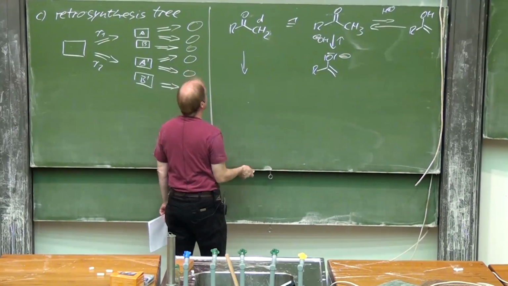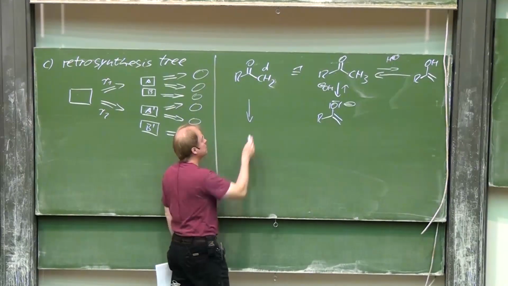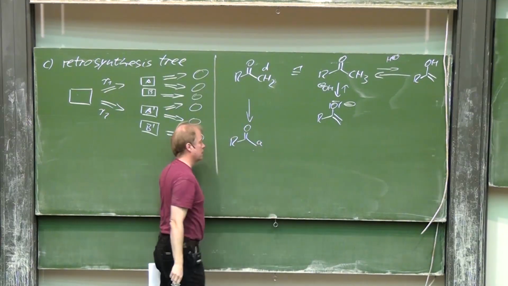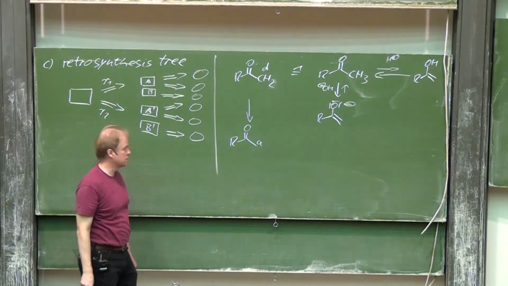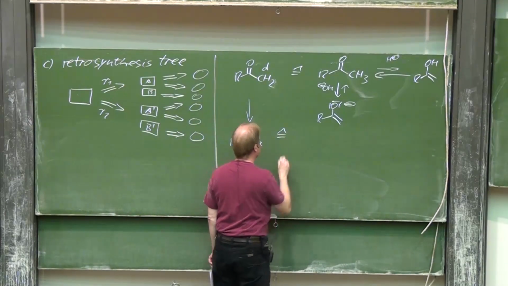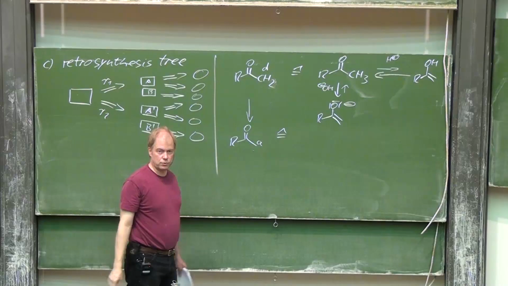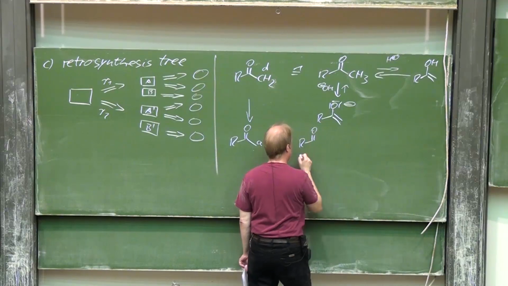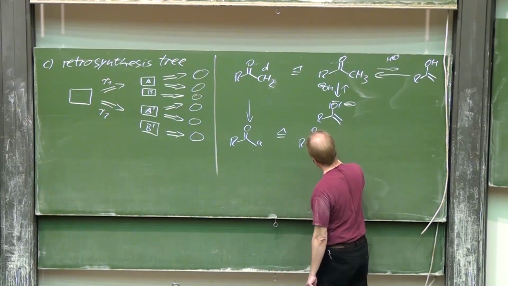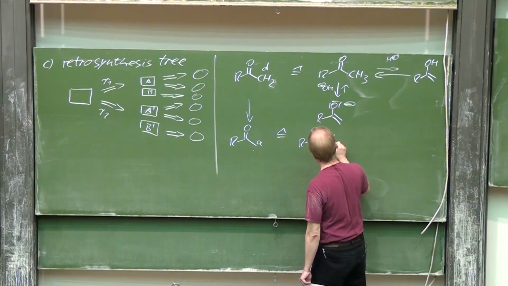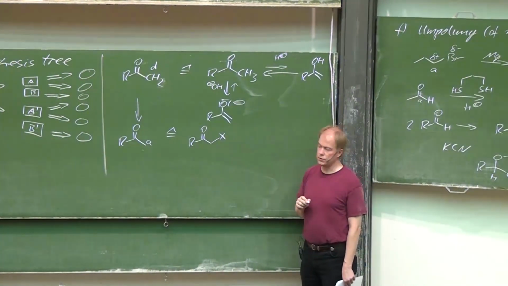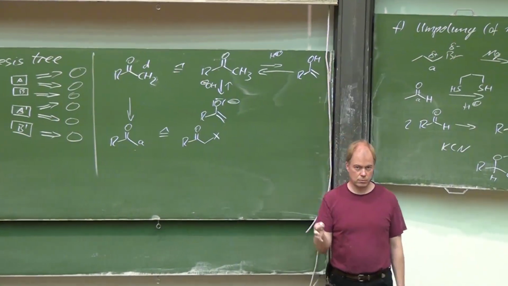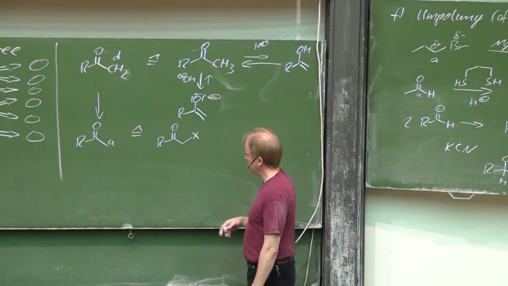How could we achieve an umpolung at this position? So, acceptor reactivity here. As I told you, the most straightforward idea is just to add a leaving group at this position, X, and again X could be chloride, bromide, and so on.